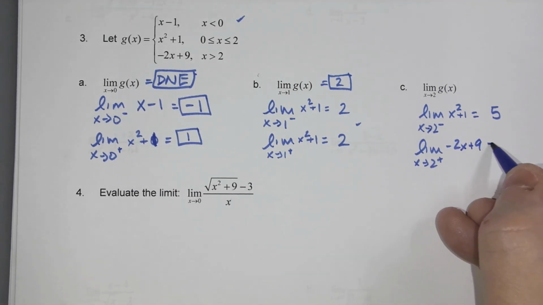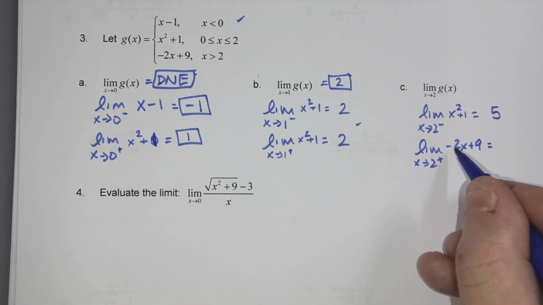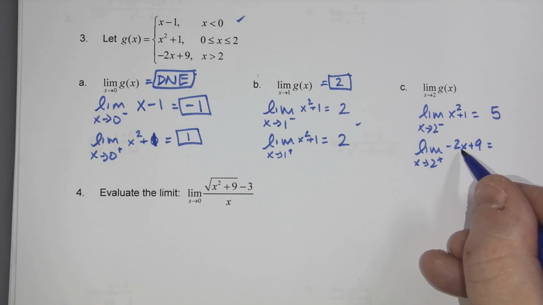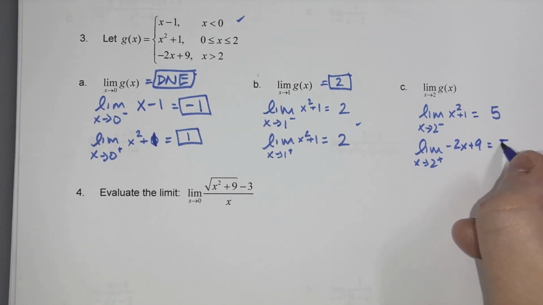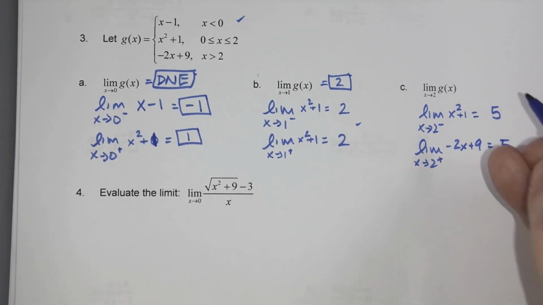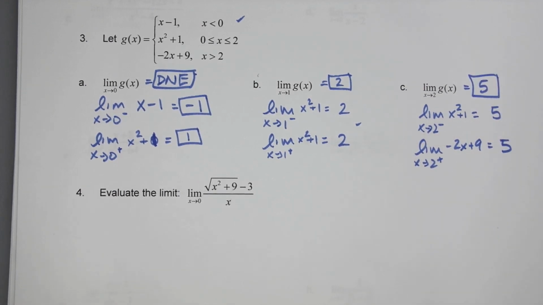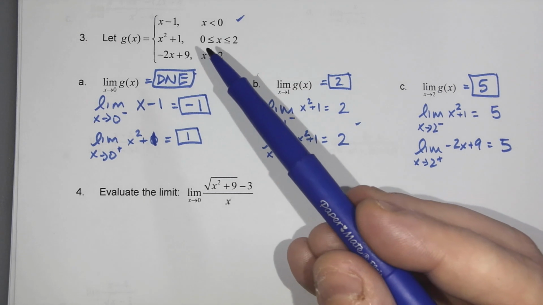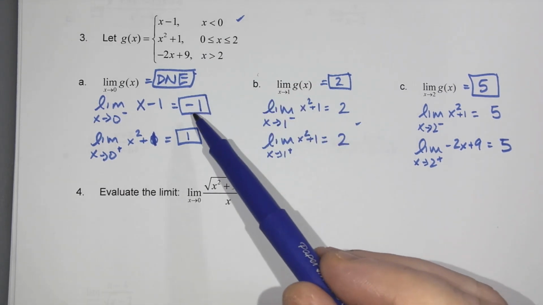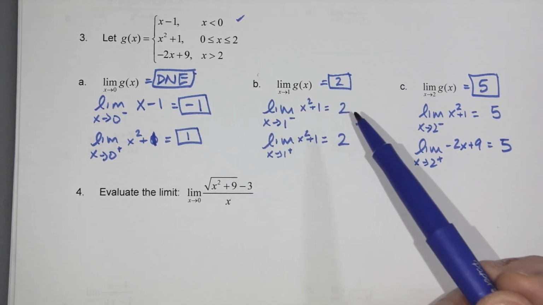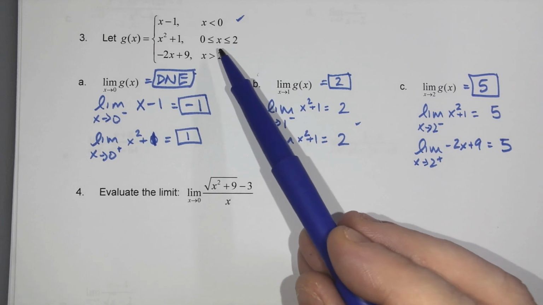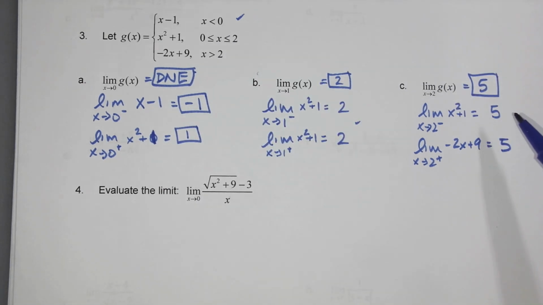Negative 2x plus 9, and if I were to stick in 2, negative 2 times 2 is negative 4, and negative 4 plus 9 is also 5. So this one also, the limit does exist, because it is unambiguous. From both sides, the two pieces were the same. So this one, different. This one, the same, but it was just the same rule. And this one was the same, even though they were following different rules.